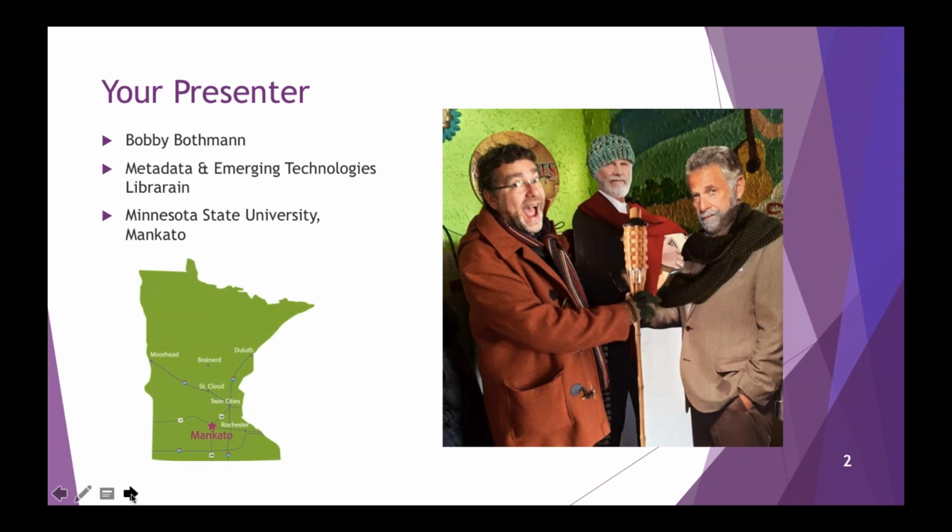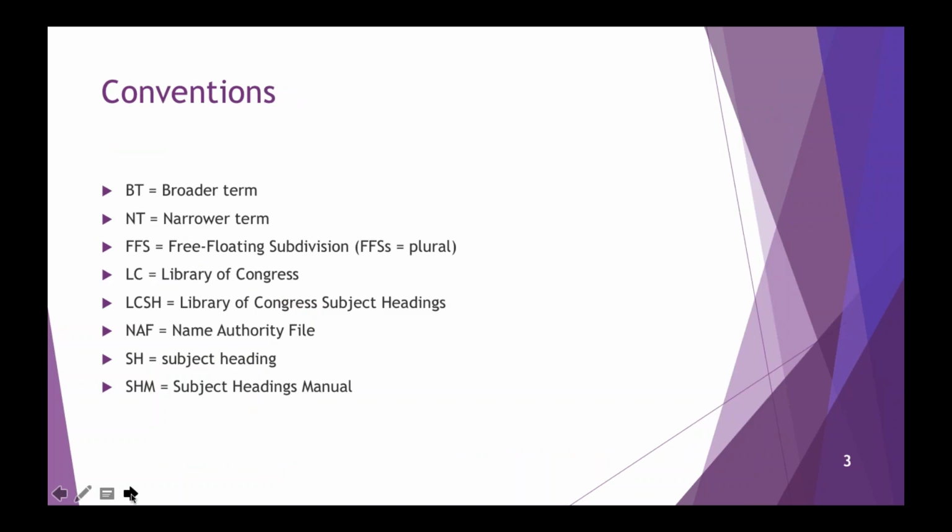So let's go ahead and get started. Some of the things that we went over, if you weren't here last week, this will be new, but most of this will be review. Some conventions, just some abbreviations that we will see throughout the slide presentations and that you see used in reference to LCSH anyway.